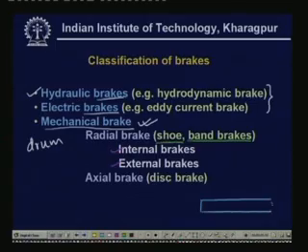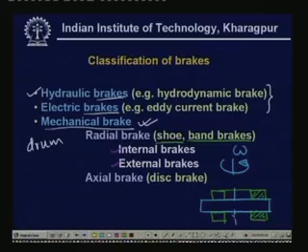This is the disc which is rotating with omega, let us say, and we apply force with the help of a friction pad. There are two pads, let us say. So this is a pad, and this is a friction material.